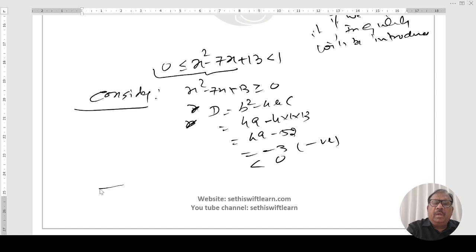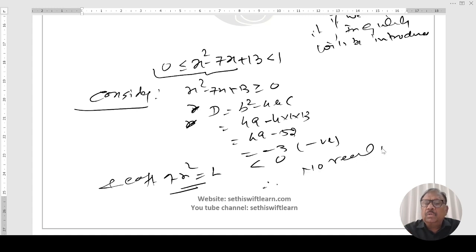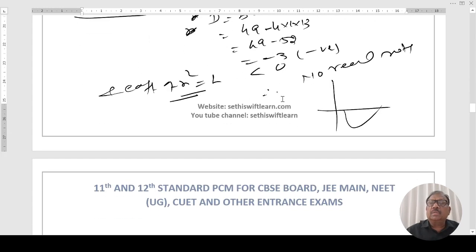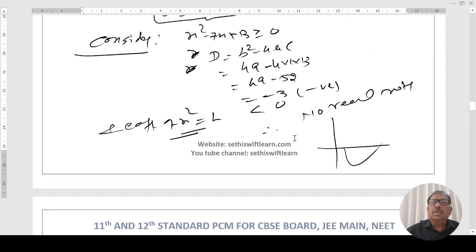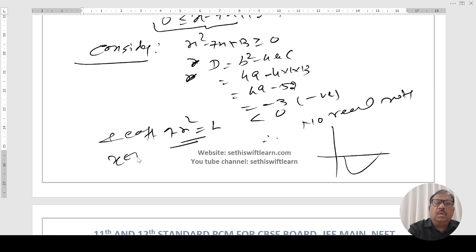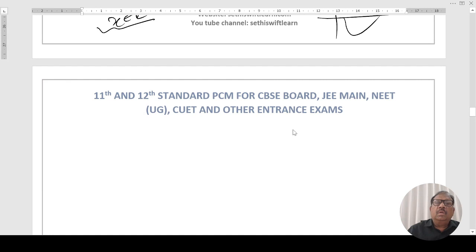And the coefficient of x square is equal to 1, therefore no real roots, and the graph will be like this. Now, x belongs to R. Whatever the value of x may be taken, the answer will be a real value.